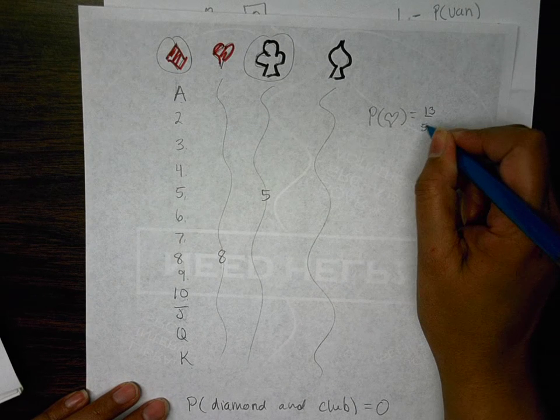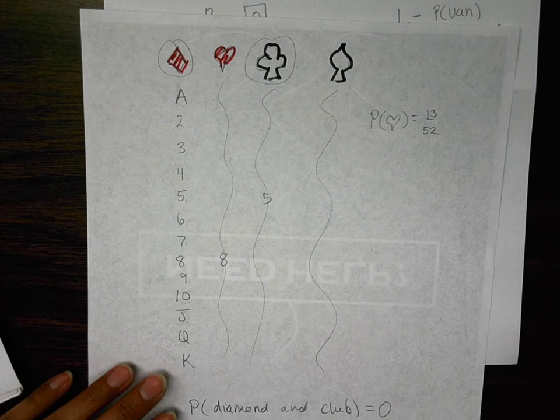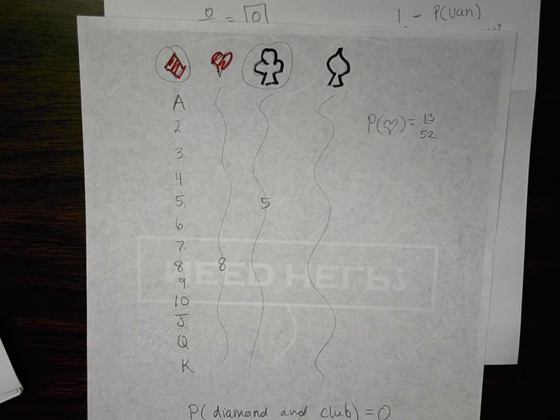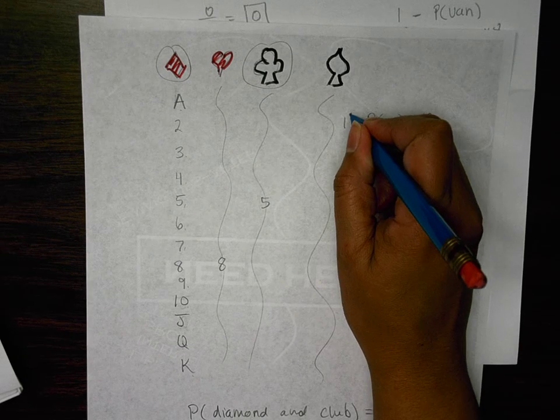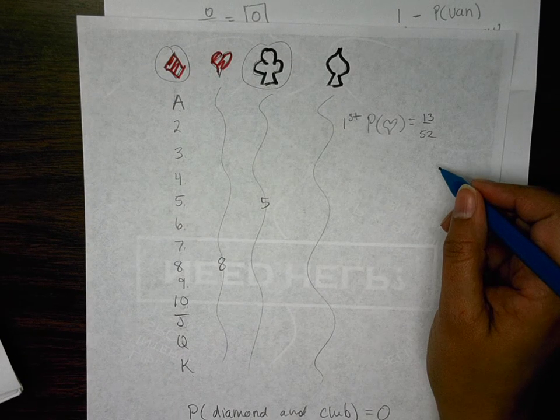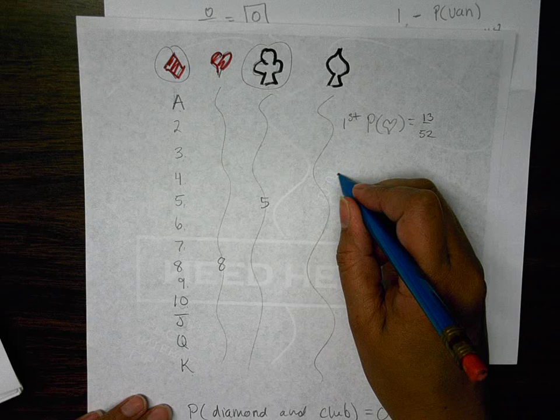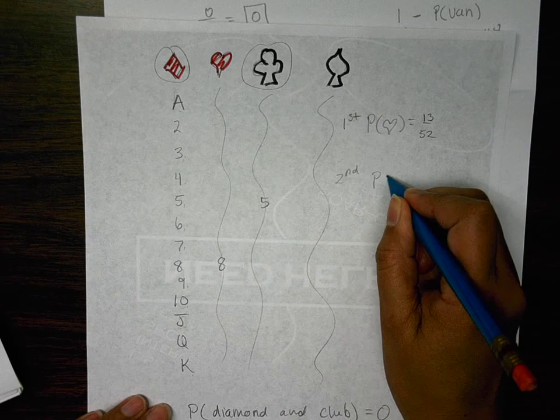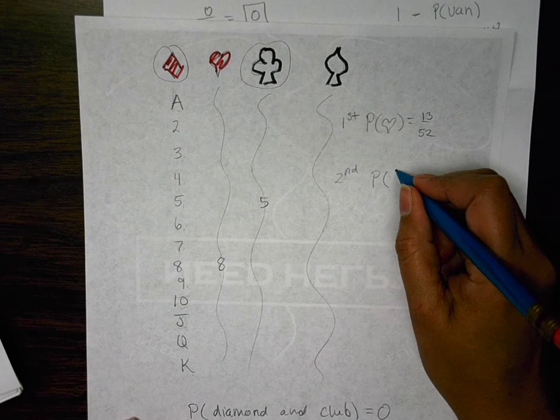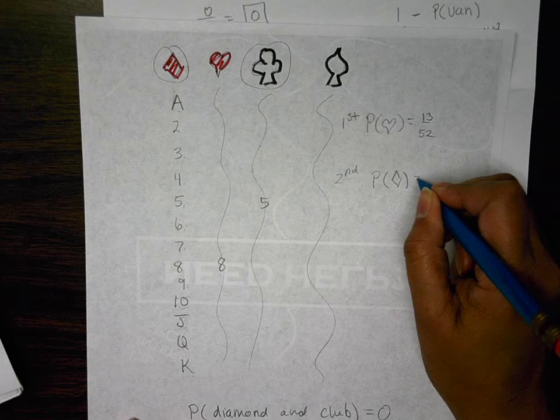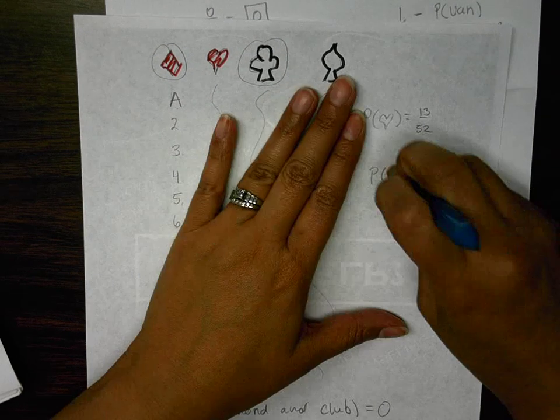Now, what if you take out a heart, place the card back, and then I ask, what's the probability you pull out a 4?